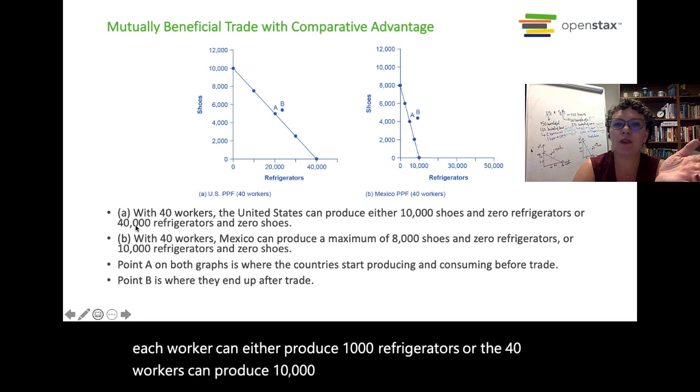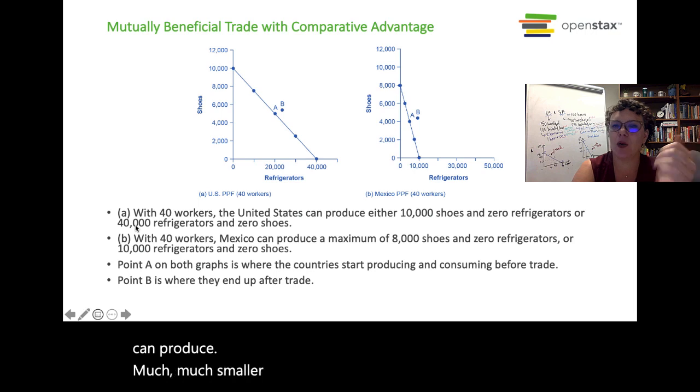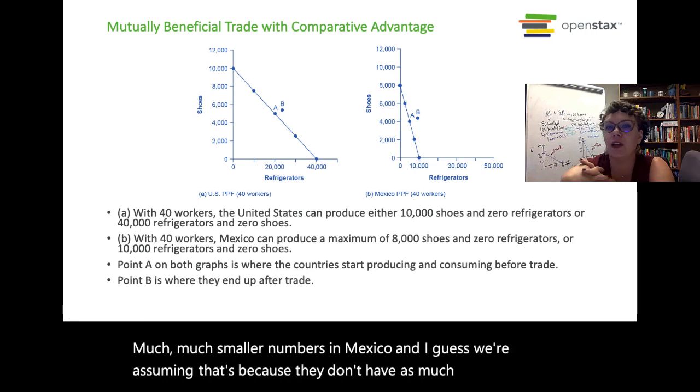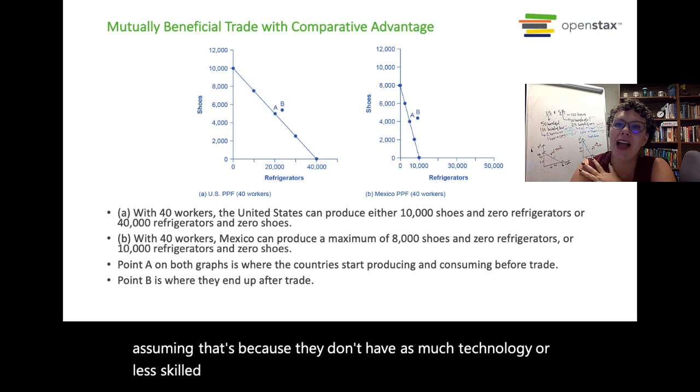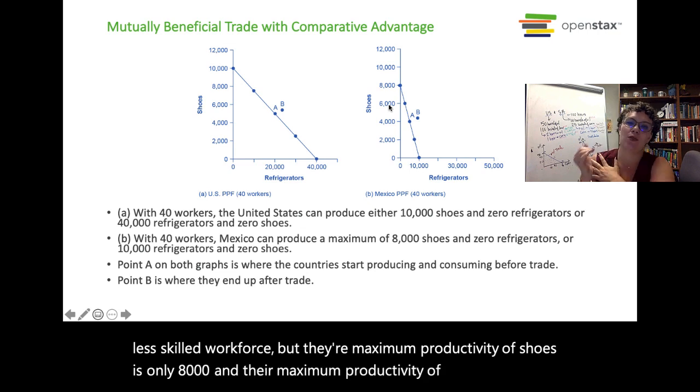The same number of workers can produce much, much smaller numbers in Mexico. And I guess we're assuming that's because they don't have as much technology or less skilled workforce. But their maximum productivity of shoes is only 8,000, and their maximum productivity of refrigerators is only 10,000.